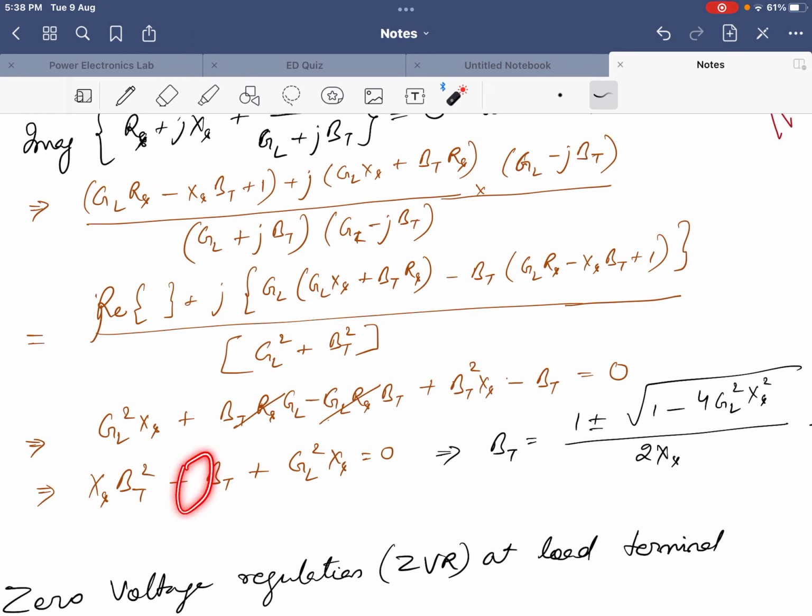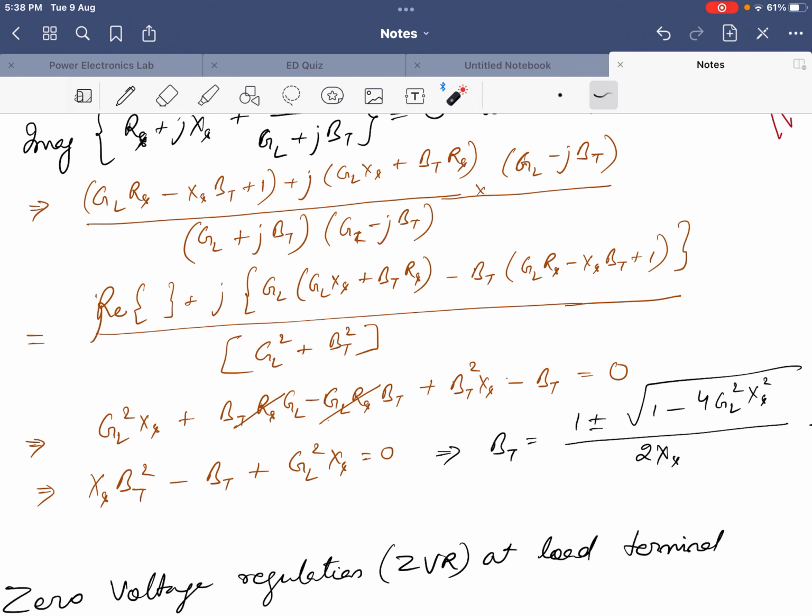Here minus b is 1, and we have the root of b squared, that is 1 squared, minus 4ac, where a is this and c is this. In this way we get the value of BT.